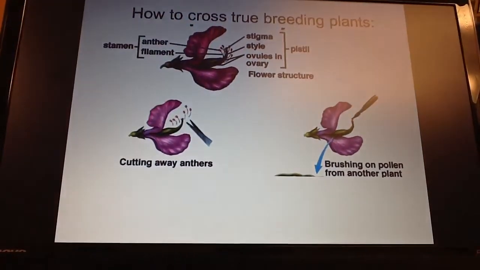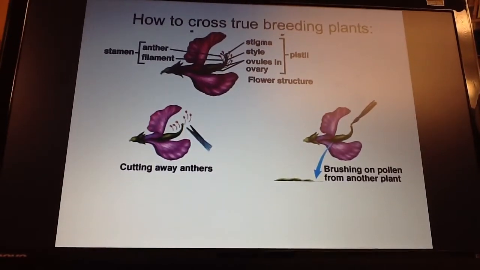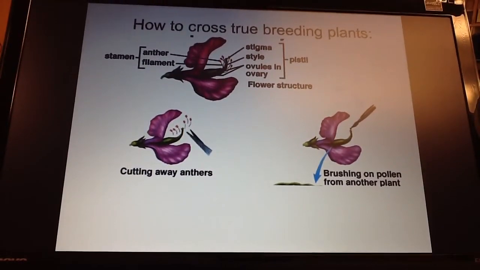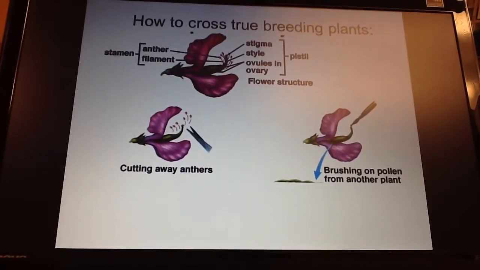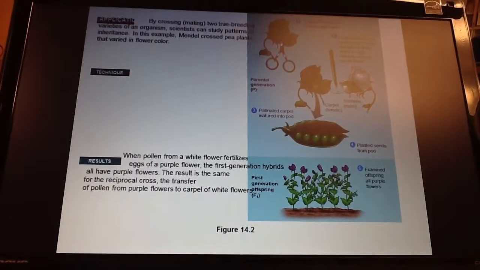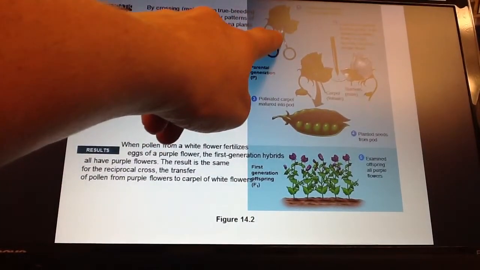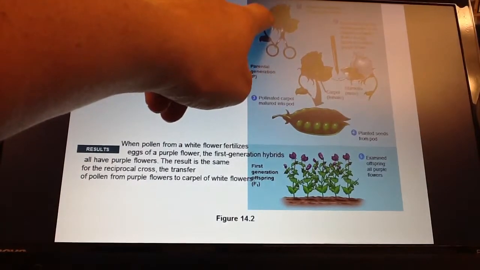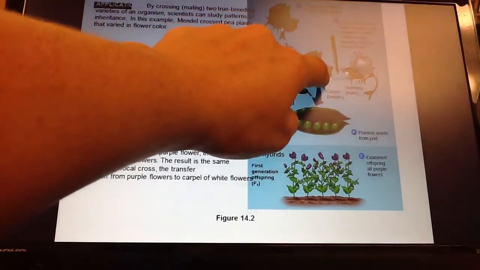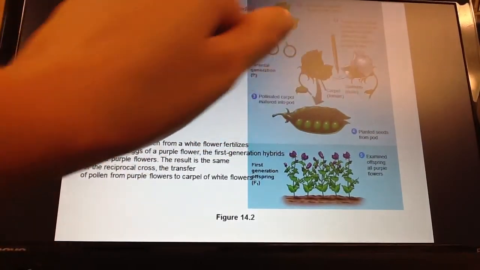So he would intentionally take pollen or male parts from one plant and put it onto the stigma of another plant which contains the female parts, thus creating a hybrid or a crisscross. Here you can see he's removing the anthers from a purple flower, and then he's brushing it onto a white flower. So in essence, he's crossing a purple and a white.